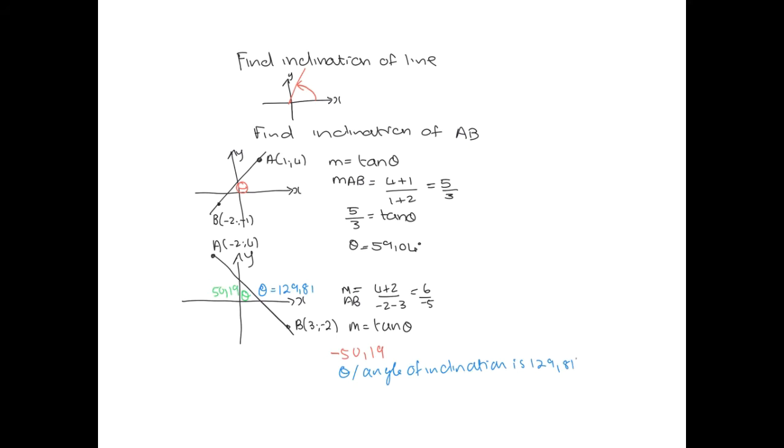And why I'm stipulating always angle of inclination is more than likely, not always, more than likely they won't ask us angle of inclination. They're going to ask us how to do, let's actually just draw a ruler here, just dividing the page.